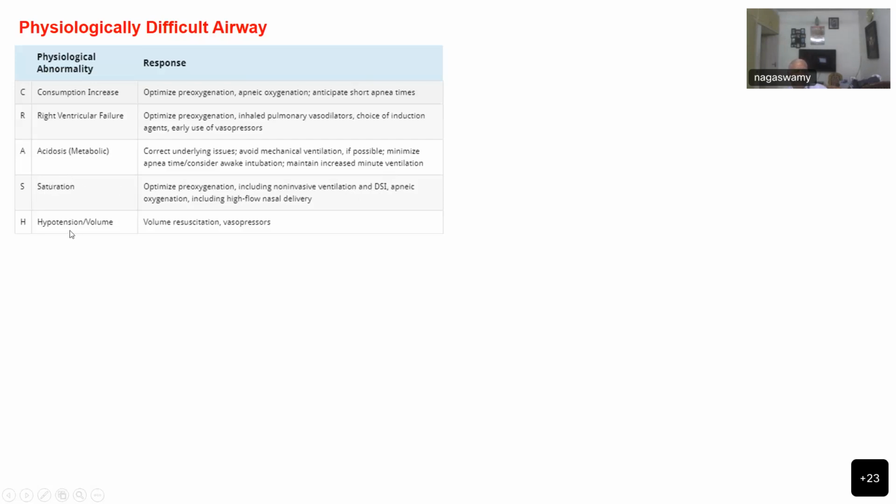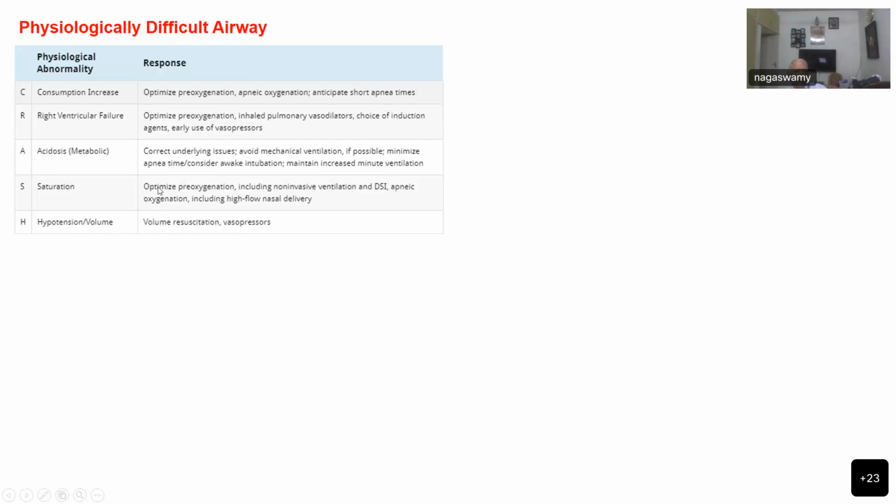And patients who are hypotensive with volume loss, especially this is applicable to patients who come with polytrauma. So when they come in a hypovolemic hypotensive state, without volume resuscitation, if you intubate them, again you are likely to result in an arrest.